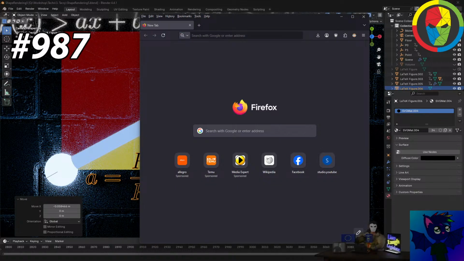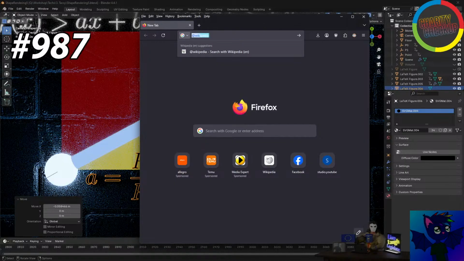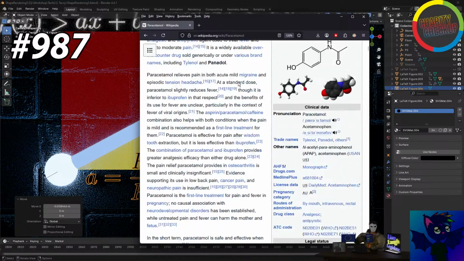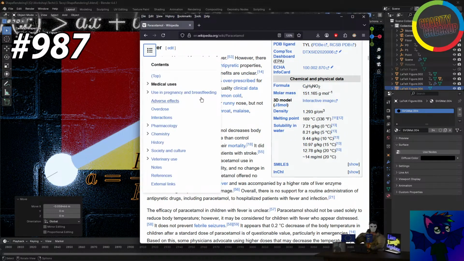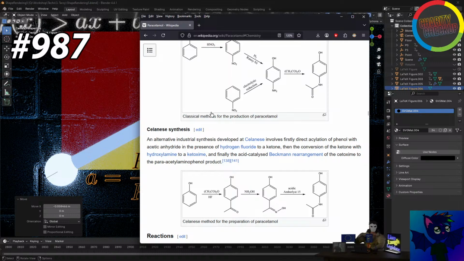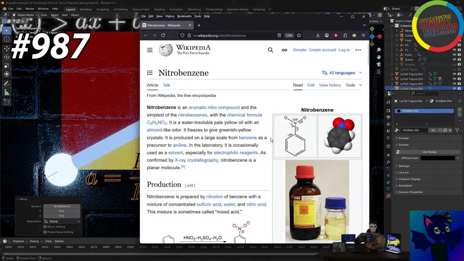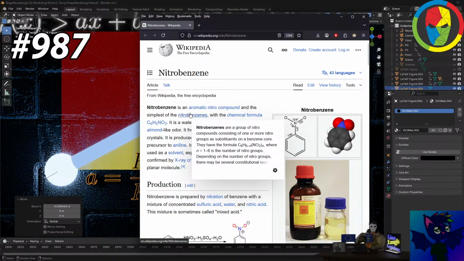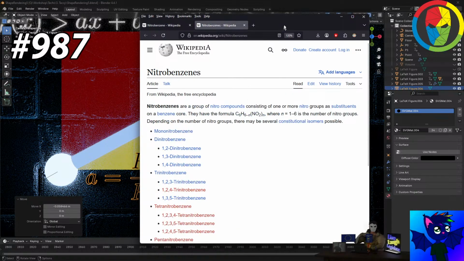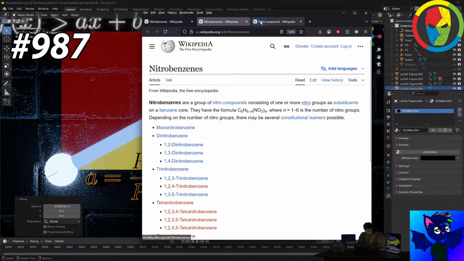One of the ways to get there is with nitrobenzene, which is just beautiful. It's a combination of every single reaction I have done so far, which means I will be able to handle it, hopefully.